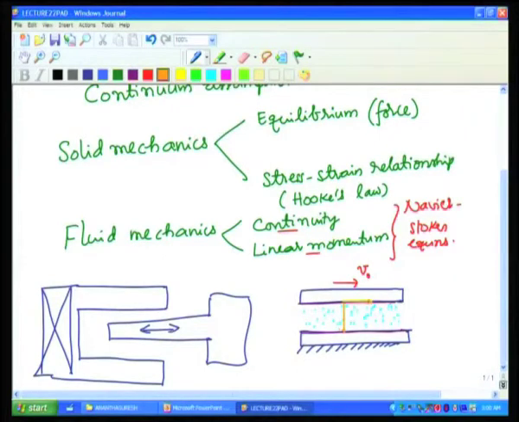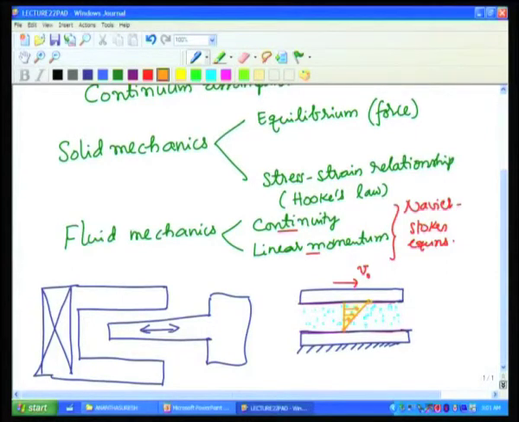It turns out that if you apply the Navier-Stokes equation here with assumptions of a one dimensional flow such as this, you can derive that the second derivative of the velocity is 0, or the first derivative is constant, and that is what we are showing here. So, velocity will be 0 here and v 0 here, that is same as the top plate, and in between it will linearly vary like this.